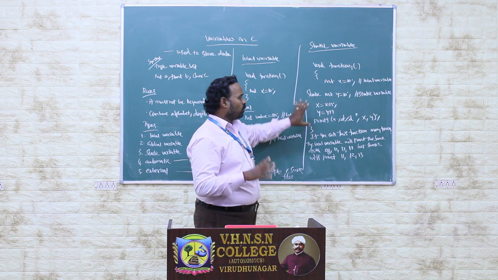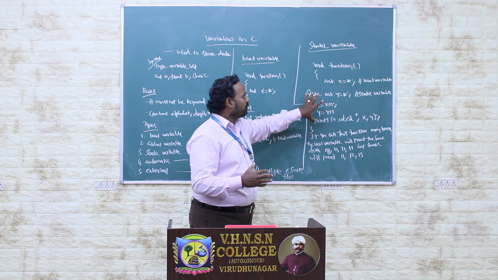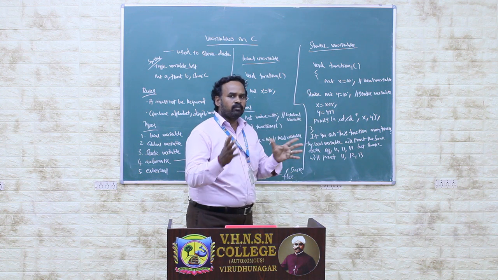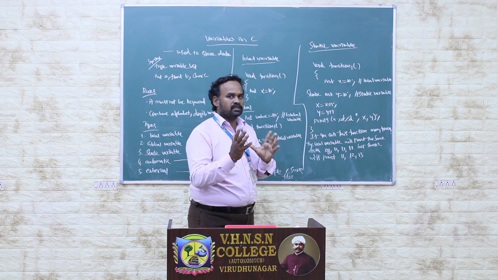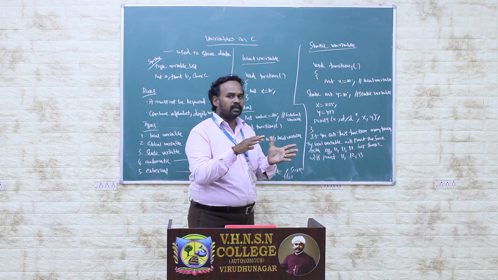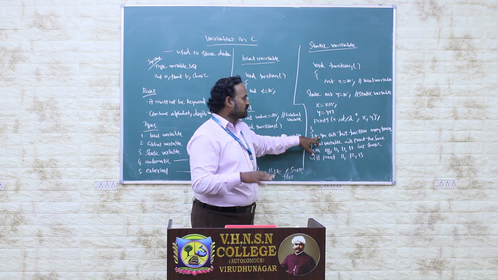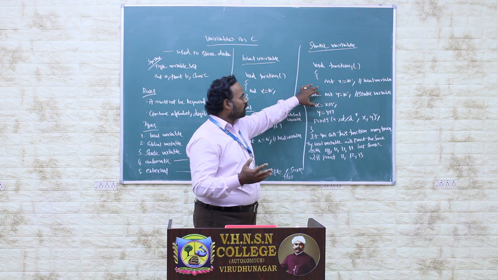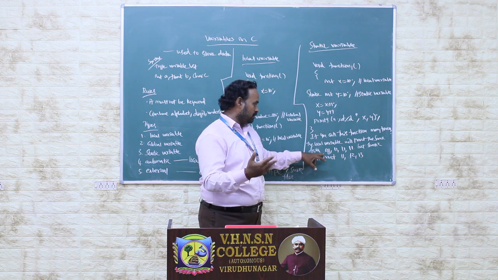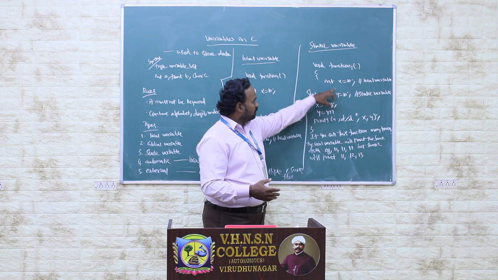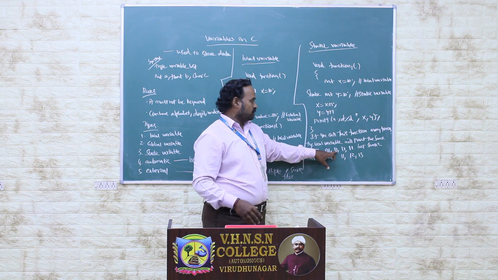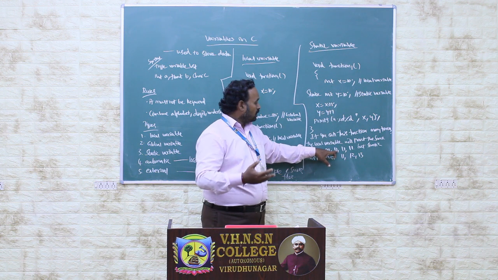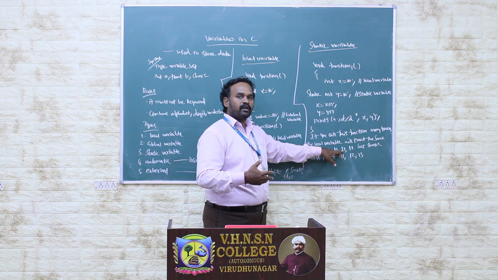Here in this program, what is the output? If you call these functions multiple times, the output will differ between the local variable and the static variable. If you call this function multiple times, the local variable will print 10 plus 1, which is 11. Again, when you call this function, 11 will be printed.